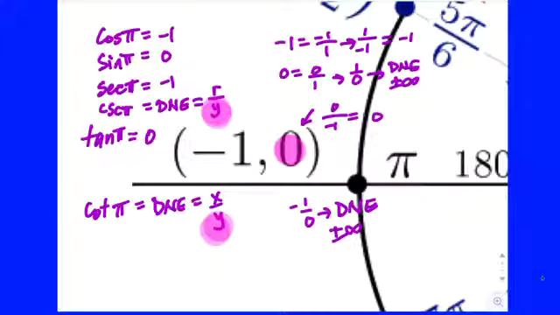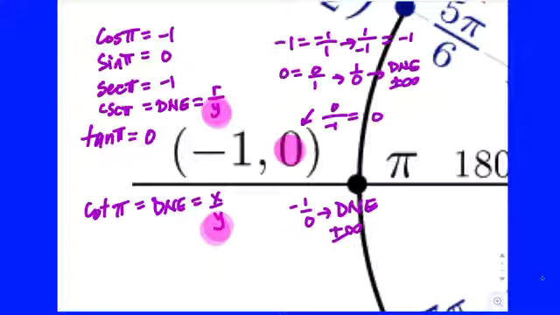What's the reciprocal of negative 1? Negative 1. What's the reciprocal of 1? 1. What's the reciprocal of the square root of 2 over 2? Square root of 2. Good. What's the reciprocal of 1/2? 2.